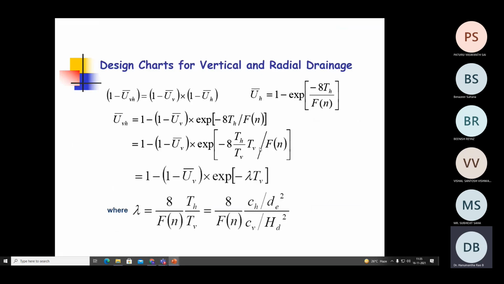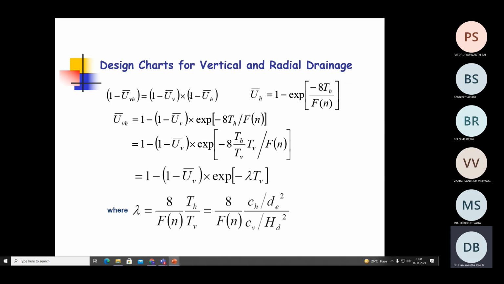These are basically different derivations of the equations. You can go through it. One of the important equations you need to remember is how to calculate the average degree of consolidation due to the combined effect of the vertical and horizontal consolidation. That is 1 minus UVH is equal to 1 minus UV multiplied by 1 minus UH.